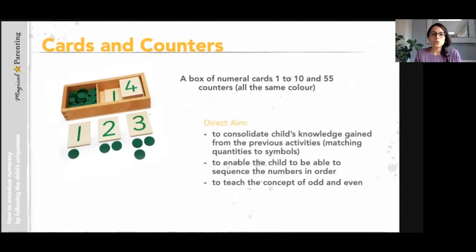Here the aim is to consolidate the knowledge the child has gained from previous activities, like matching quantities to symbols, but also to enable the child to sequence the numbers in order, and to teach the concept of odd and even once he's able to do that.